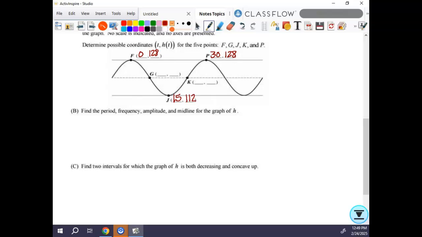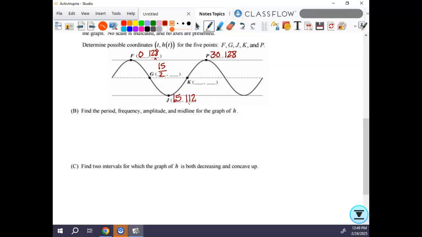And remember, one beautiful thing about these graphs is everything is half, half, half. So to get this x value here, it's halfway between these two. So 0 plus 15 over 2 is 15 over 2. You don't even have to put the decimal. Probably better if we don't, so we don't divide wrong. And then my y value is also halfway, which I could add these two together and divide by 2.